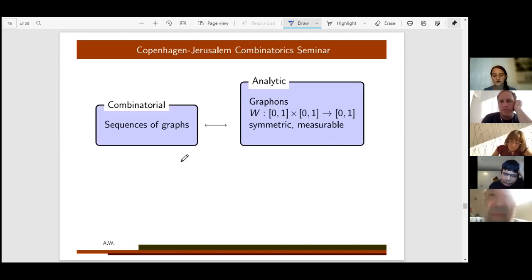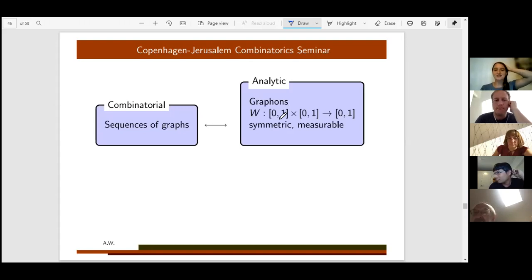Sorry, is this an if and only if? If I give you a function from the square to the interval, which is symmetric and measurable, is it a graphon? Yeah. In our example, we didn't need measurable because our examples were measurable, but in general, every graphon is measurable.